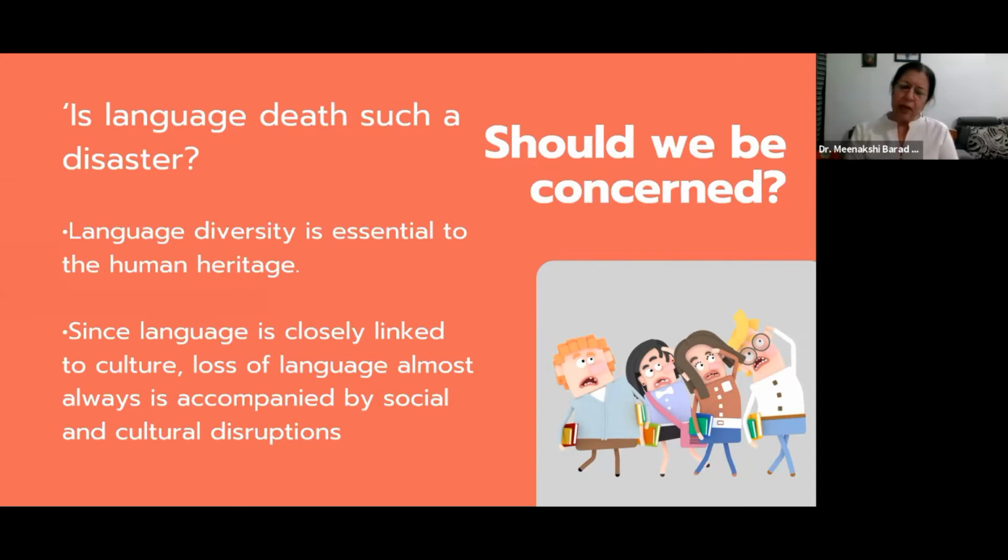The loss of any language is a loss for all humanity. Since language is closely connected to culture, the loss of language almost always is accompanied by social and cultural disruptions. The intangible heritage of all human society is diminished when a language disappears. We'll talk more about that as we go on.